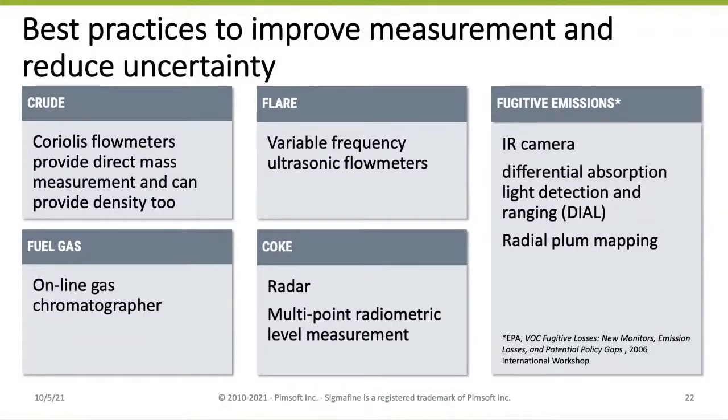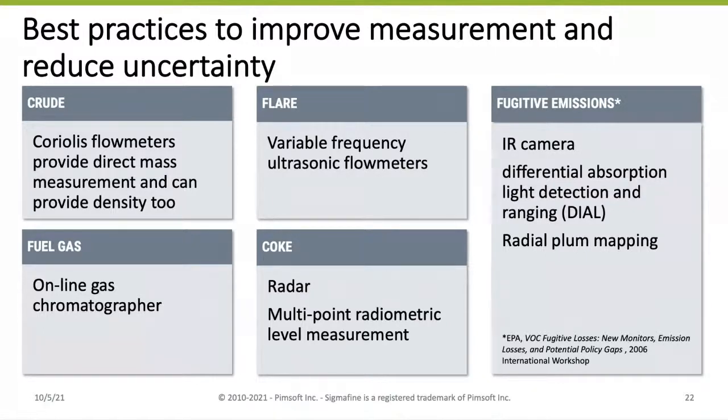On the fuel gas, we partially anticipated that when we talked about compensation, having an online gas chromatograph allows not only to take care of a proper composition for the correction of the flow rate, but also to verify the billing of the external provider of natural gas, for example. Coke is another typically hard to measure value, and for coke drums, some of the most reliable technologies are either radar-based or multi-point radiometric level measurements.